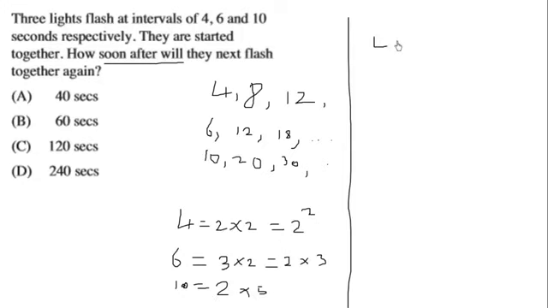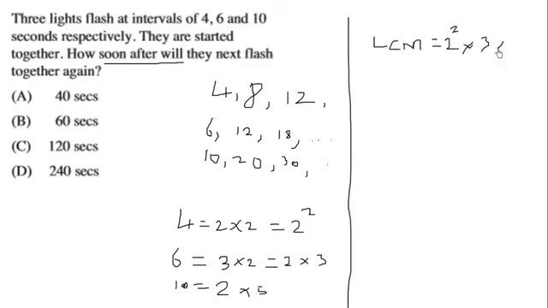So the LCM will be equal to 2 exponent 2. Then for the next factor, which is 3, the highest is 3, because the one here is 3 exponent 0, the one here is 3 exponent 0, and this one is 3 exponent 1. So times 3. Then 5 is also the highest.